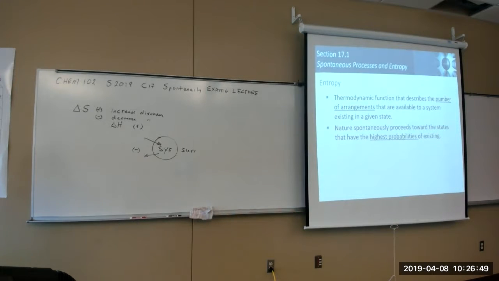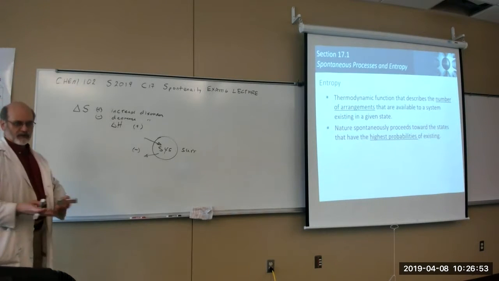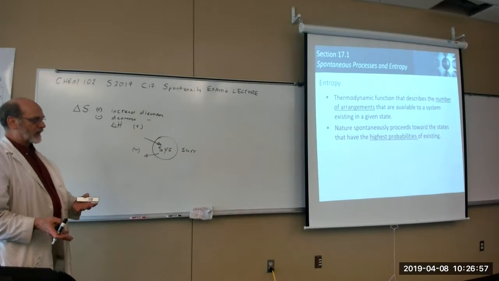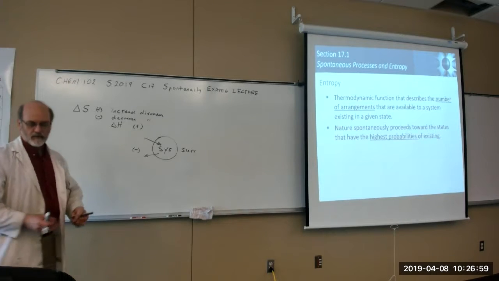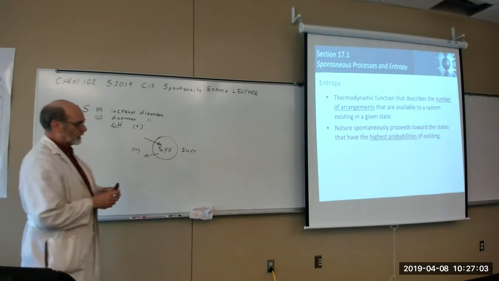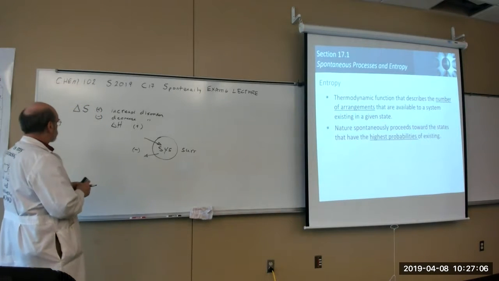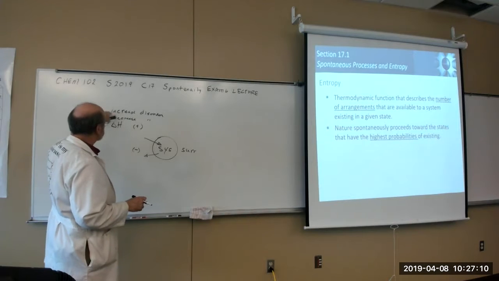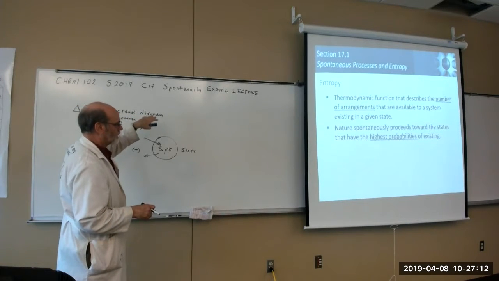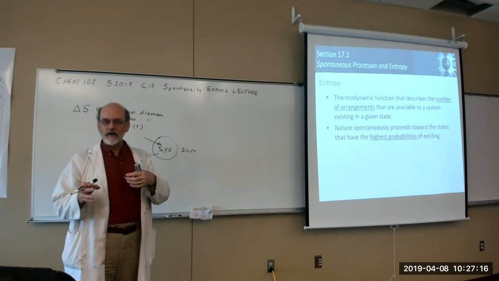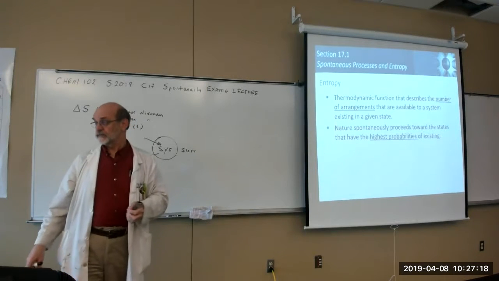Okay, here's the more widely applicable definition of entropy. It has to do with probabilities. It's statistical. So if the entropy is increasing, we are giving the particles in the system more possible arrangements.